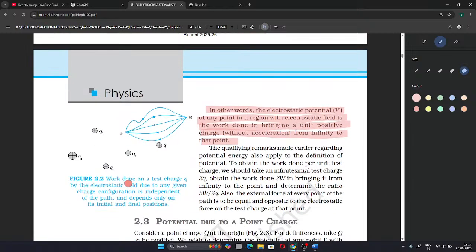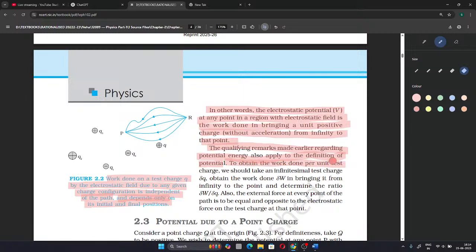Here they gave a figure: work done on a test charge Q by the electrostatic field due to any given charge configuration is independent of the path and depends only on its initial and final positions. This is what we read before. The qualifying remarks made earlier regarding potential energy also apply to the definition of potential.